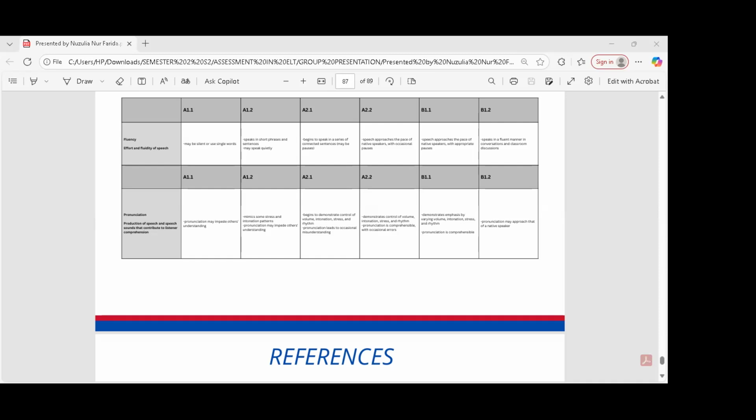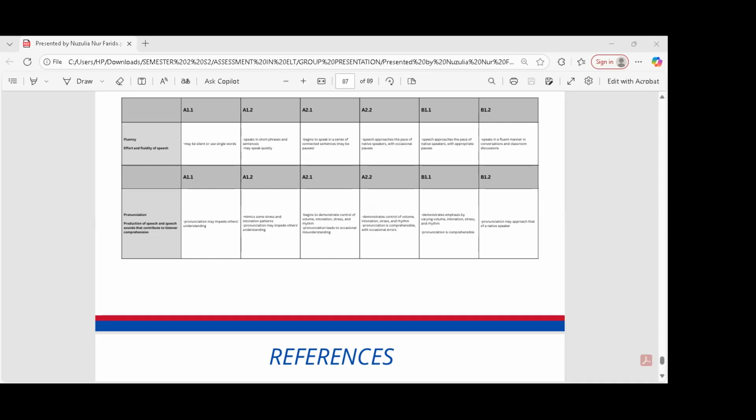So we can know what the best strategies to apply for them are, and also for inclusion students, the students who have special needs. So we know what we should do as a teacher to help them get a better learning experience in the classroom.